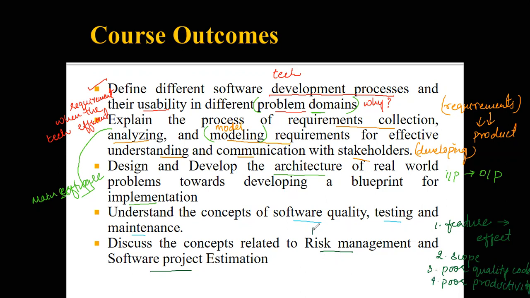Or risk can be taken as the different problems that you're going to encounter while developing the software. It can be based upon the different technologies, it can be based upon the cost. So different problems, how you're going to manage those problems, you're going to learn that. Risk management and software project estimation, that is how much the cost will be for developing the software, how you're going to estimate all of this.